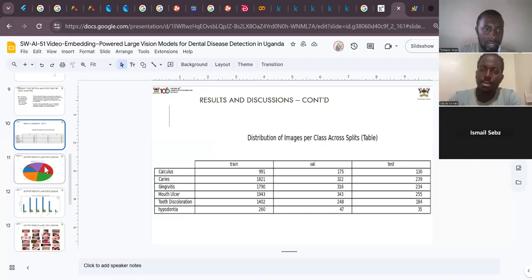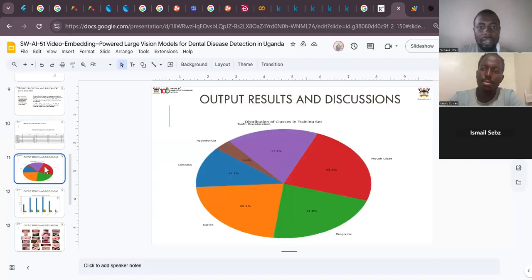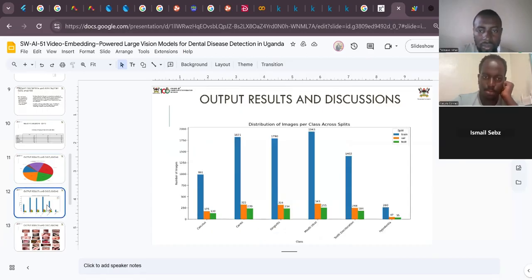Then this is the data visualized in a pie chart format to show the data we had for the different classes and the percentage of the training images. And this one is also displaying the images we had.